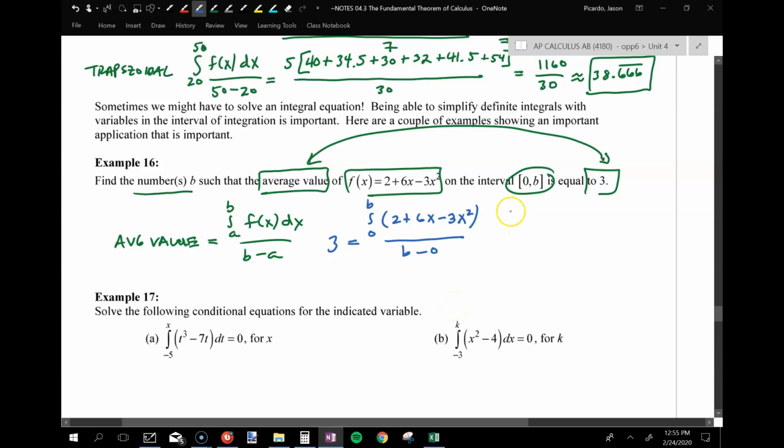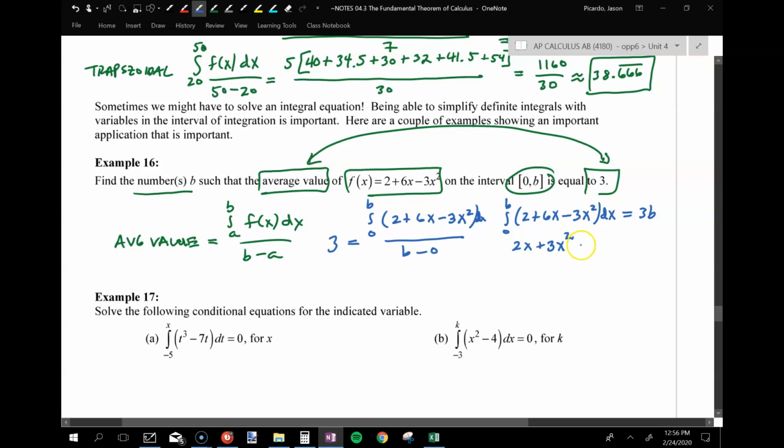All right, so the integral, there should be a dx on here, sorry, is equal to 3b. Okay, let's integrate it. What's the integral of 2? 2x. What's the integral of 6x? 3x squared.